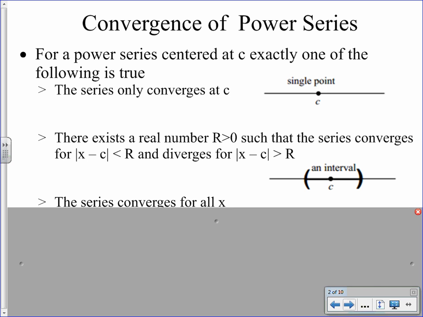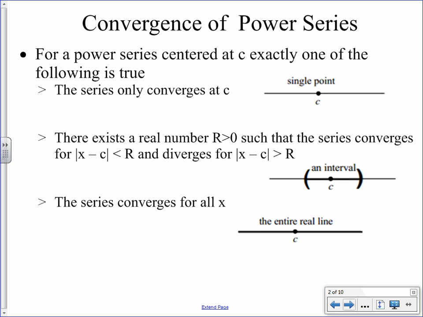They could converge on an interval, a little bit on each side of the center, where we have what we call a radius of convergence. You saw that word yesterday when you were reading. Or it can converge along the entire number line. It converges all the time. So it converges at the center, it converges on an interval, it converges everywhere.